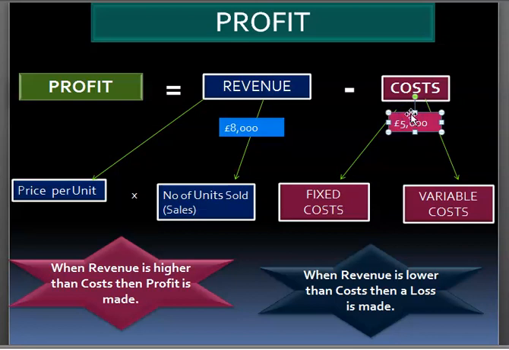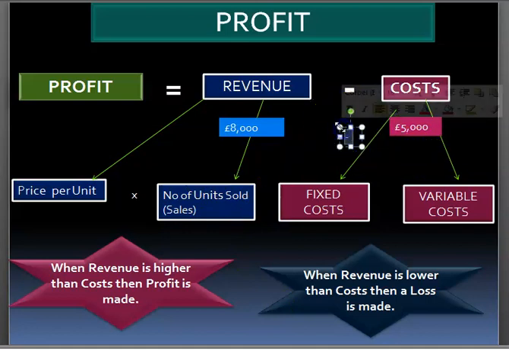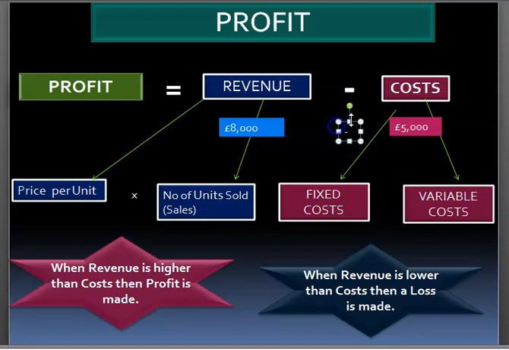Isn't it? So if you put your minus figure here, just like we have it there already, minus. If you minus £5,000 from £8,000, you're going to get £3,000.